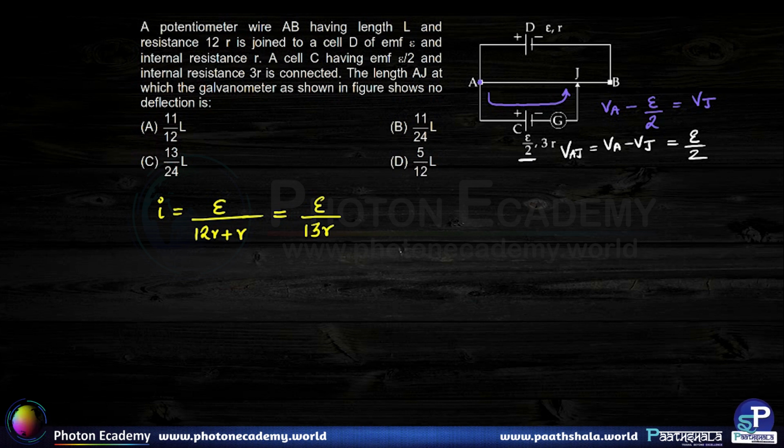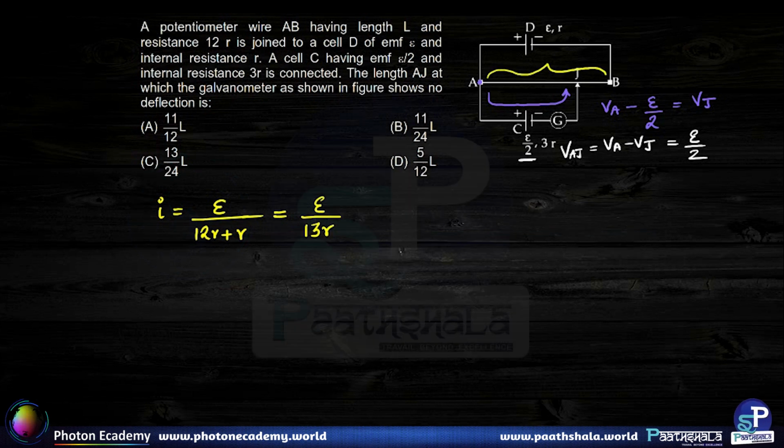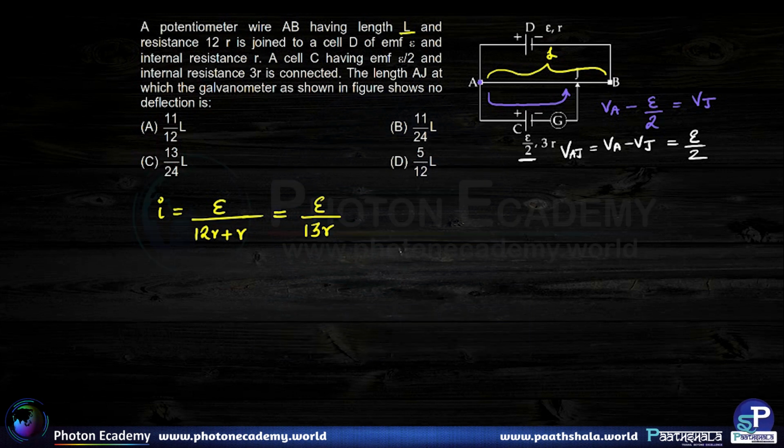Now let us see how much the resistance of the length AJ of the wire is. The length AB is equal to L, as specified in the question. The length AJ is to be found out.